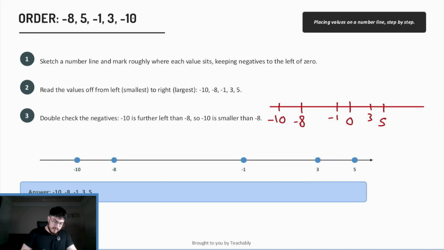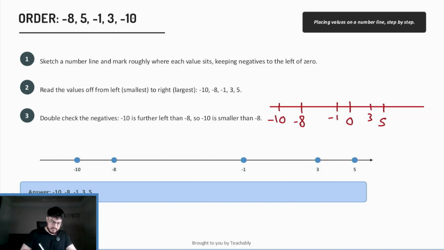And then it says read the values off from left, which, like we've said, is the smallest, to the right. If we look at the number line, we can see that -10, -8, -1, 0, 3, and 5. And 0 is not in the list, so we're not going to mention 0. Then make sure you double check the negatives. -10 is further left than -8, so -10 is smaller than -8.